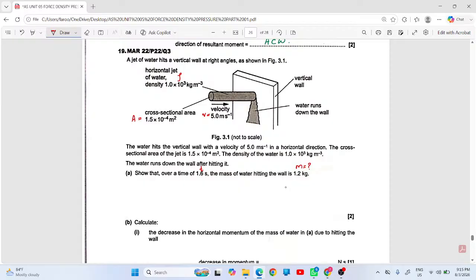The velocity is given. We have to find the kinetic energy, which is not given.